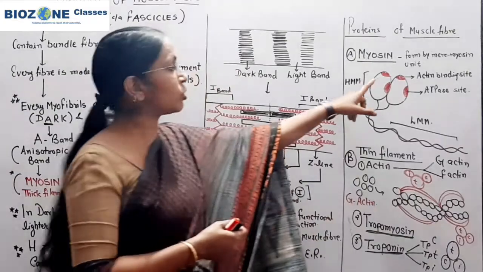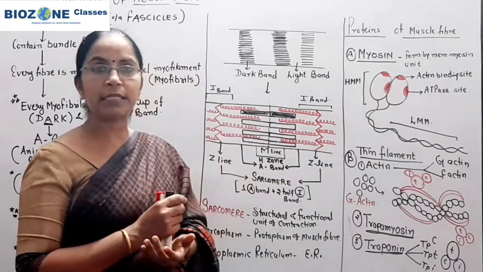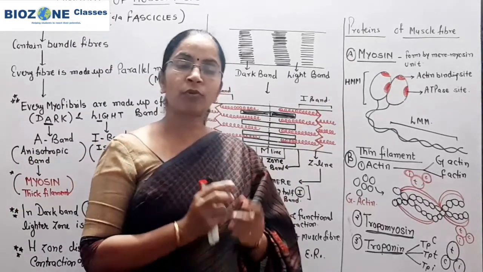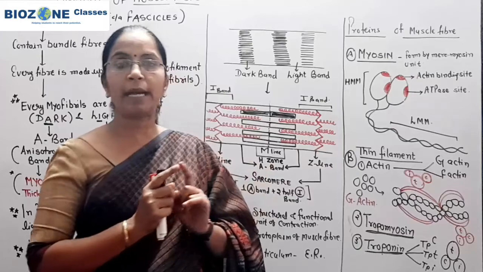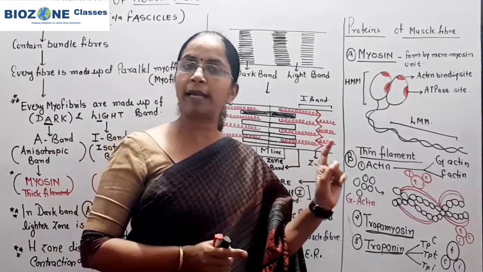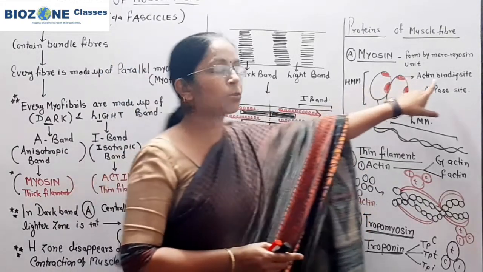For the head, again the question is asked about two sites, the ATP binding site, the ATPase activity site, and the actin binding site. The thick filament has a binding site for the thin filament, and the thin filament equally shows a binding site for the thick filament.